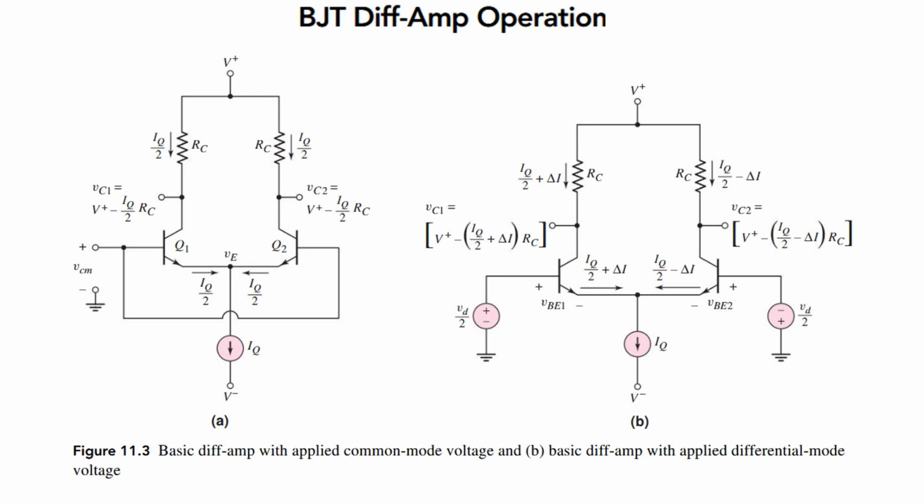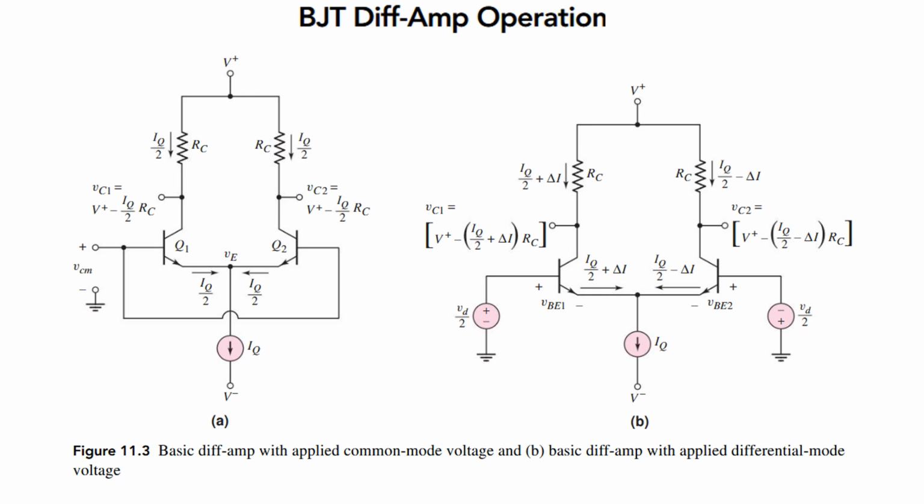The advantage of connecting your emitter terminal to V minus is that you do not require voltage divider circuits and capacitors, because instead of the ground we have applied V minus.